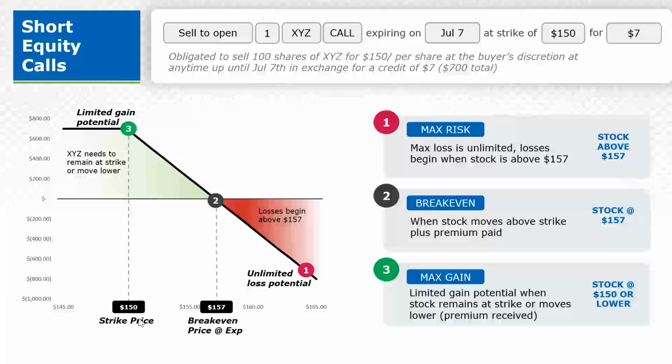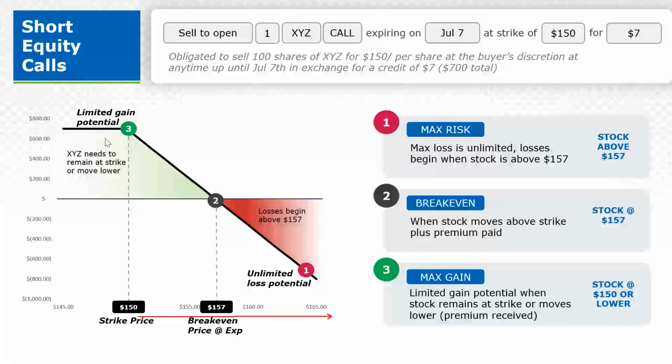That is why if it goes higher than that, this chart turns red, because the losses begin at 157. So 157 is the break even, because that is the premium you received, and you add it onto the strike price. So think about the buffer between the strike price and the break even, between 150 and 157. That is $7 in premium. So that premium gives you a bit of a buffer.